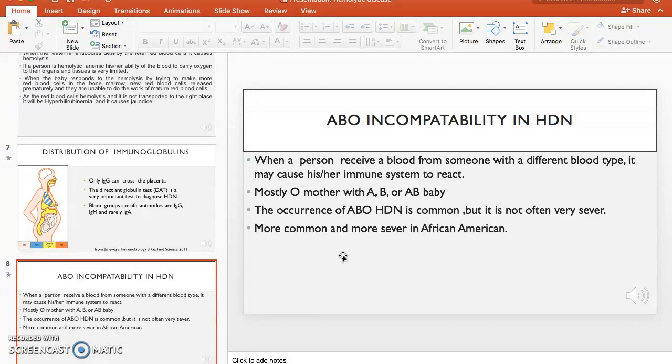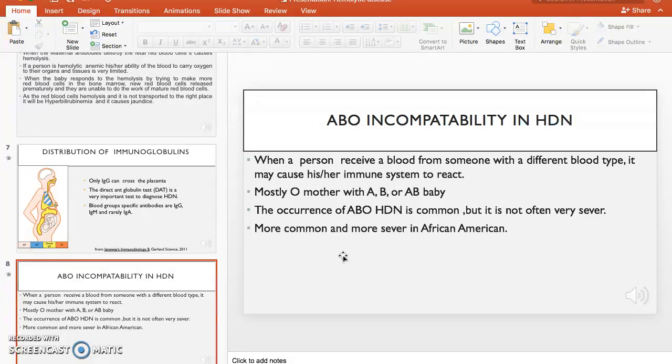In ABO incompatibility hemolytic disease in a newborn, when a person receives blood from someone with a different blood type, it might cause the immune system to react. Whenever our body gets something foreign to its own, it always reacts.